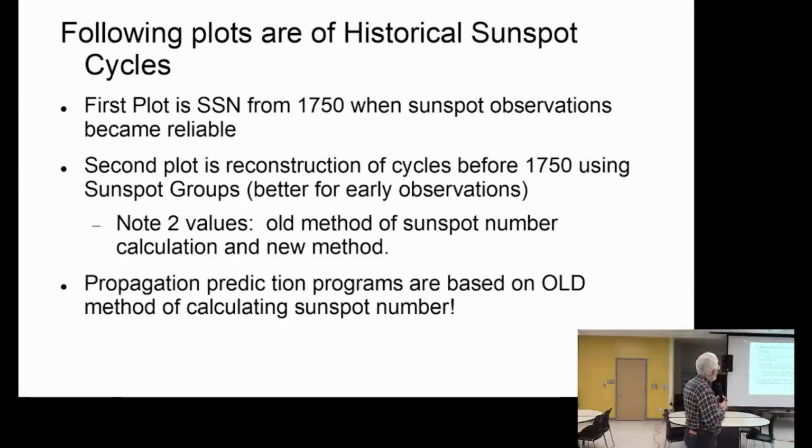And the present sunspot number system got revised 3 years ago. Most of the propagation prediction programs that hams have access to use the old sunspot numbers. So you have to be aware that the sunspot numbers you're using today are higher than the sunspot numbers that the propagation programs were designed for.